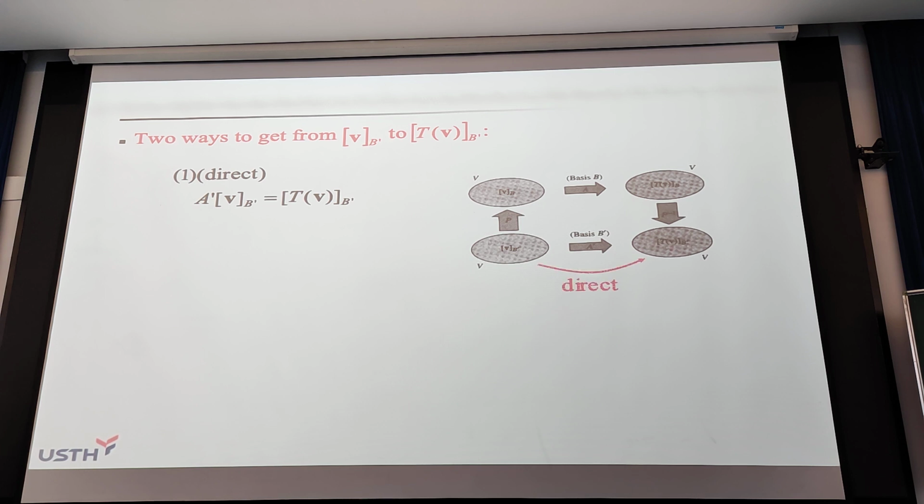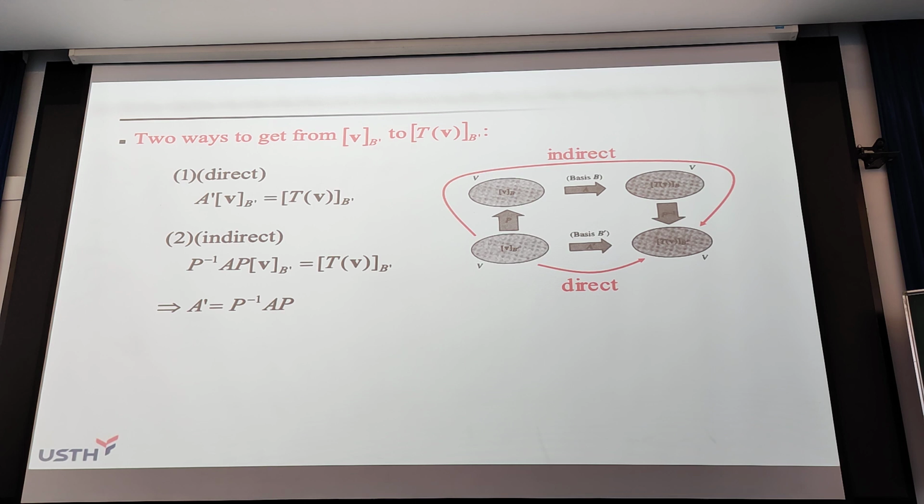The indirect way is here. We go first from here to there, then go from V to T of V by A, and then go back that way. Because that is the same thing, we get the formula here. I require you to remember, from here you get A prime equals P inverse multiplied by A multiplied by P.